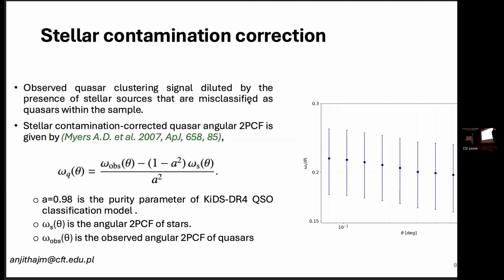We constructed a star catalog in KiDS DR4 and measured omega_s, the autocorrelation function of stars. Then we used this formula to correct the observed quasar autocorrelation function. Here, A is the purity parameter of the DR4 QSO classification model. In our case, it is 0.98.